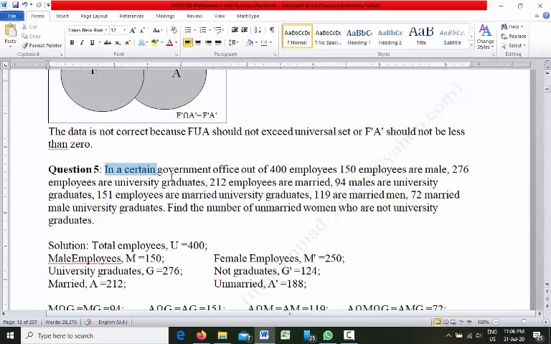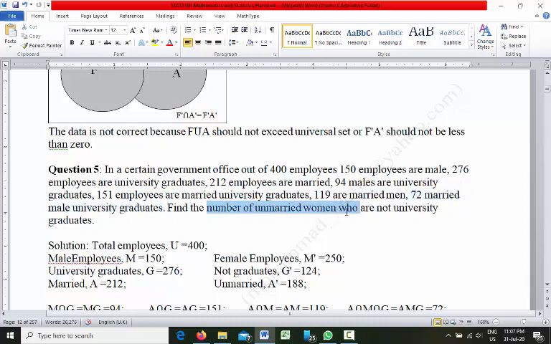In a certain government office, out of 400 employees, that is the total number of employees, 150 employees are male, 276 employees are university graduates, 212 employees are married, 94 males are university graduates, 151 employees are married university graduates, 119 are married men, and 72 are married male university graduates.